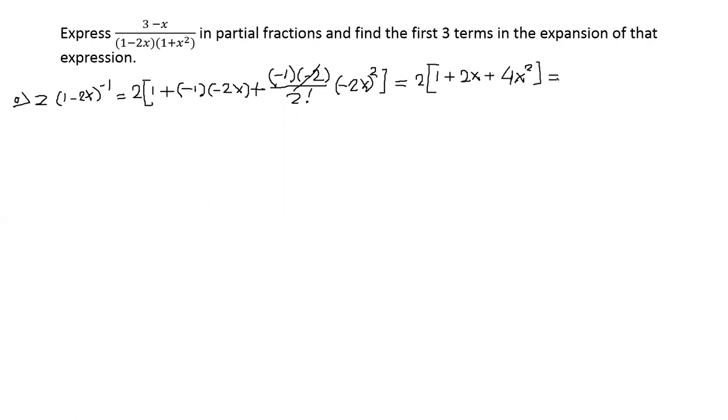And if you multiply by 2, it becomes 2 plus 4x plus 8x squared. Okay, this is the first expansion. This is the first binomial expansion outcome.